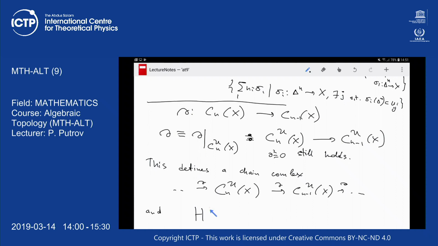Corresponding homology, which we will denote H^U_n of X, which is the homology of this complex.